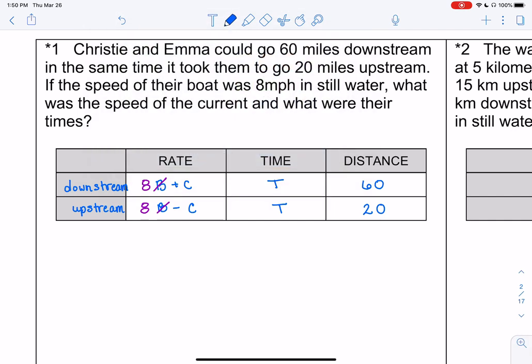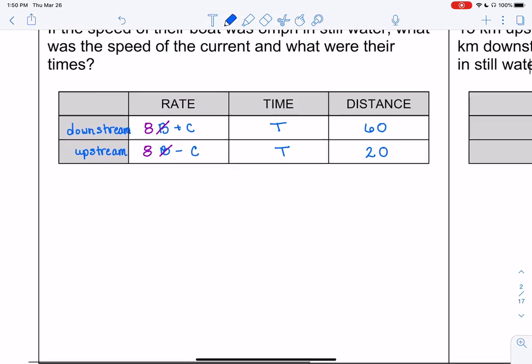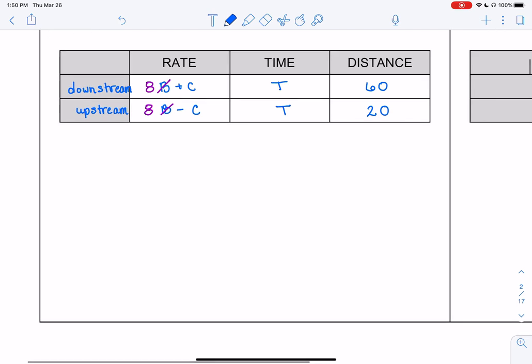All right, now that I've pulled all the information down into the chart, I'm going to take that and write two equations, a system of equations, based off of the charts. The first row, 8 plus C times T equals 60, and the second row, 8 minus C times T equals 20.